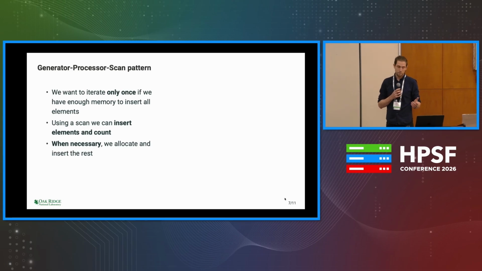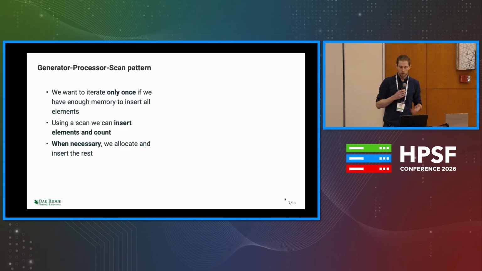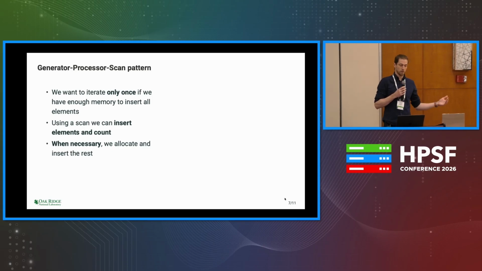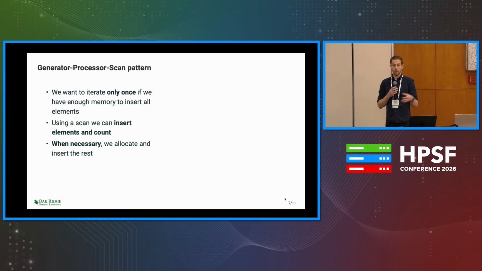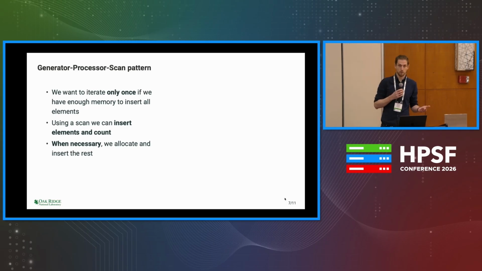If we use a parallel scan, we can do that, because we can insert elements and count them at the same time. After the parallel scan exits, we definitely know how many elements we have, so we can, if necessary, reallocate and insert the rest. If not, if we already inserted all of them, we're done.